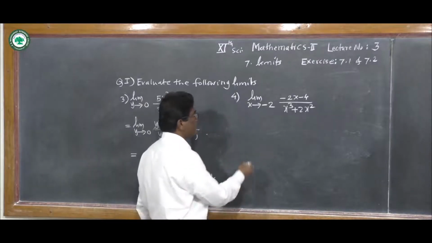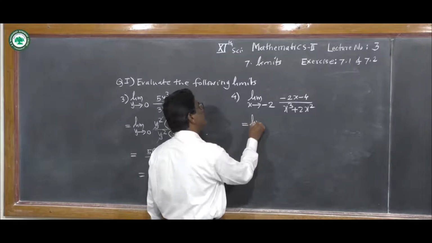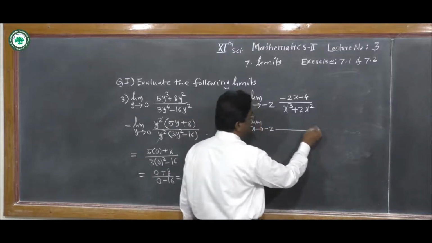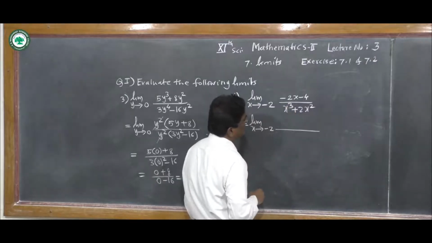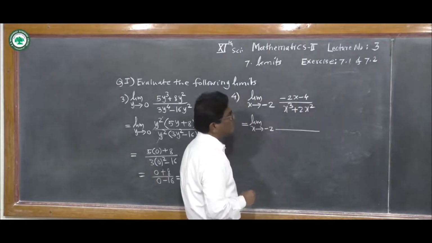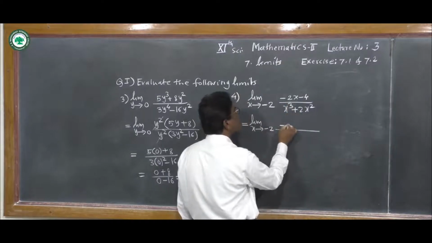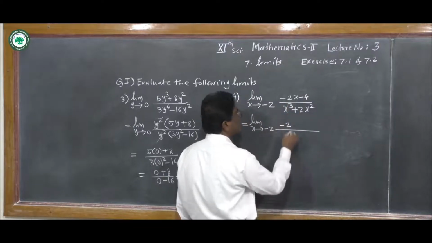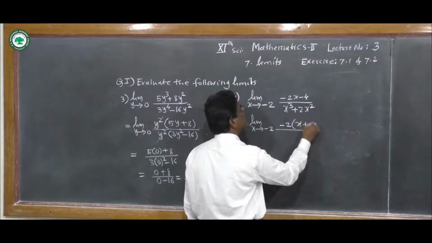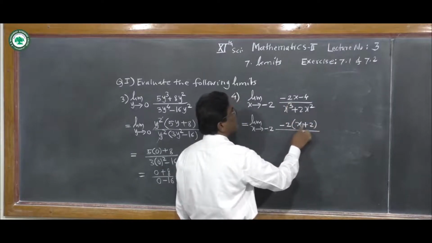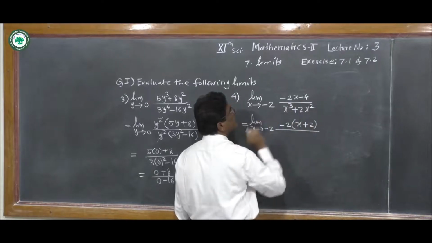Now observe this problem. It is equal to limit as x tends to minus 2. In the numerator, we take minus 2 common: minus 2 in the bracket, x plus 2. Minus 2 into x is minus 2x, and minus 2 into 2 is minus 4.